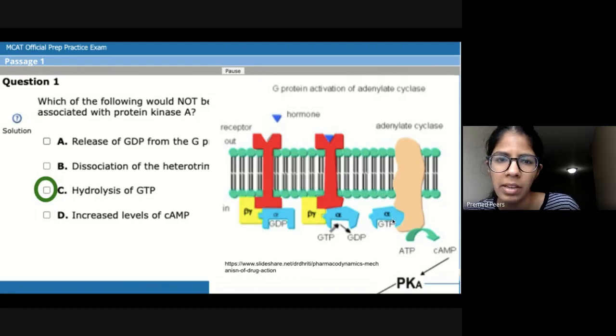So that's why B is a part of the mechanism. And then once adenylyl cyclase is bound, you get a release of more cAMP, which then activates PKA. So what you don't have in the process of activating this pathway is a hydrolysis of GTP, because what you're actually getting is an exchange of GDP for GTP.